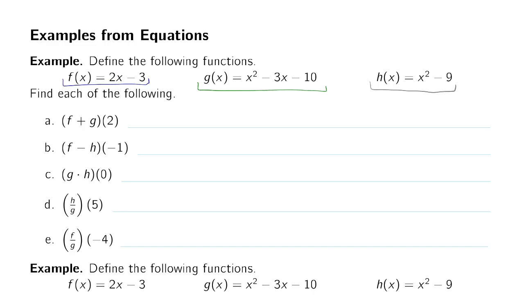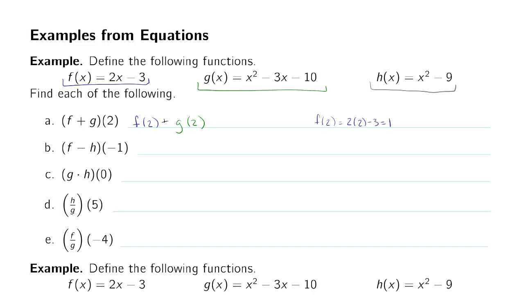So to take f plus g of 2, we can take f of 2 plus g of 2. And then we can say, well, f of 2, that's 2 times 2 minus 3, which is 1.